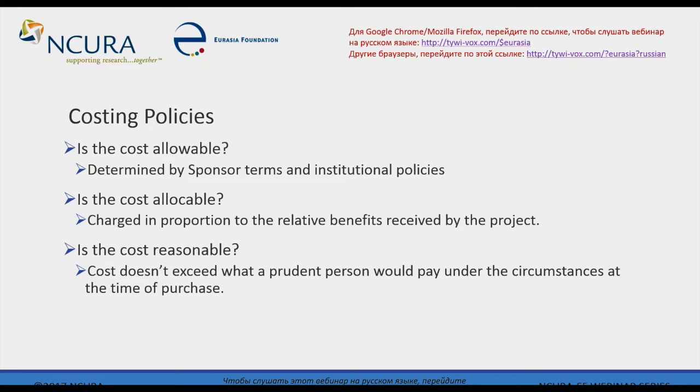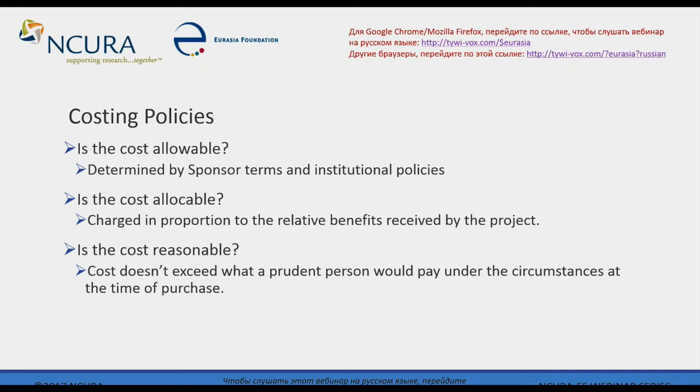Certainly one of the most important components of award management is understanding what expenses are appropriate to charge to a specific project. To make that determination, there are three key questions. Is the cost allowable? This is determined by the sponsor terms and your institutional policies.